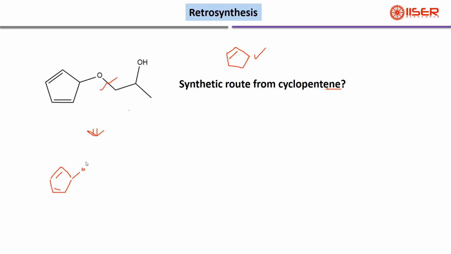How much you practice the questions, it will give you an idea where to cut the bonds, or from where we can plan the formation of the new compound. This can be generated from epoxide.